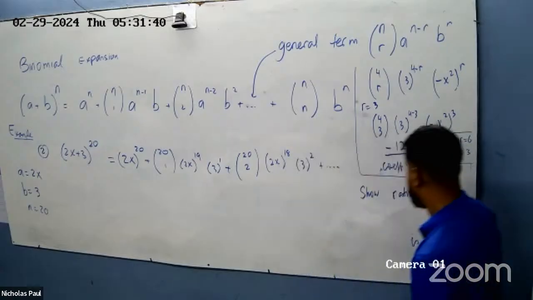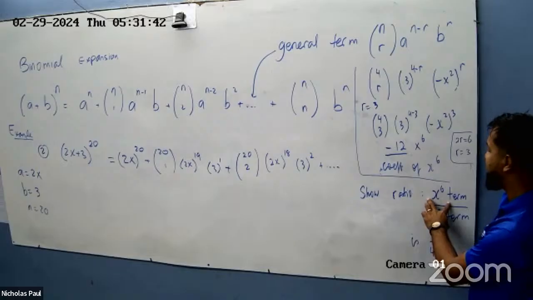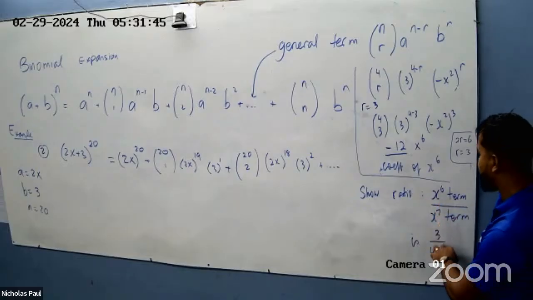So I want you to show that the ratio of the x to the 6 term and the x to the 7 term is 3 on 4x.